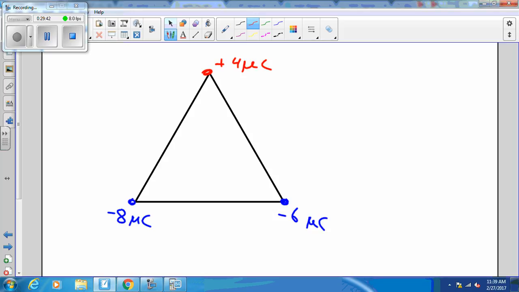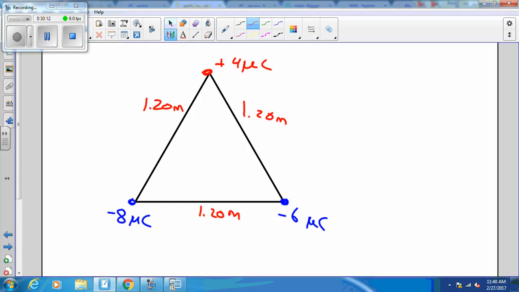So we do not have symmetric charges here, which is really unfortunate. That means we're going to have different magnitudes for each one. But we do have symmetric direction vectors. Everything is 60, 60, 60. That's right. See? Equilateral triangle.